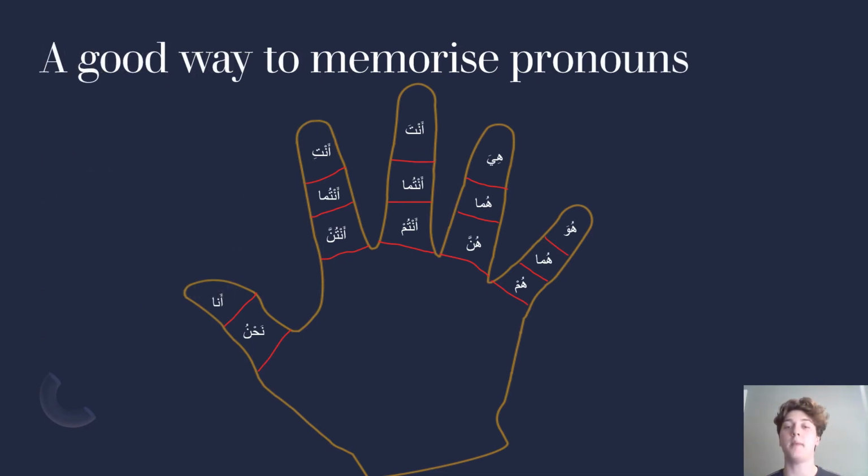Here's a way to memorize the pronouns, and I wish I was shown this at the beginning of my Arabic learning. It was actually someone who was taught Arabic at school, an Iranian person, that taught me this process of learning Arabic pronouns.